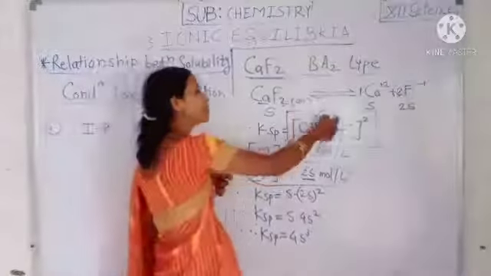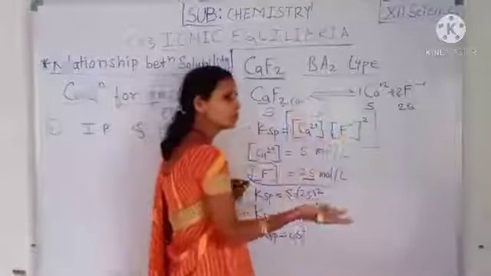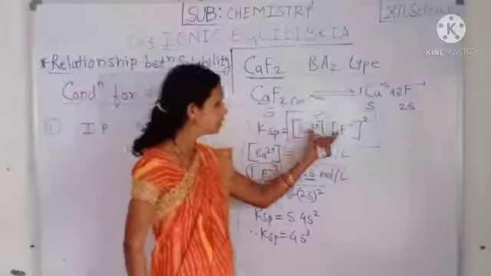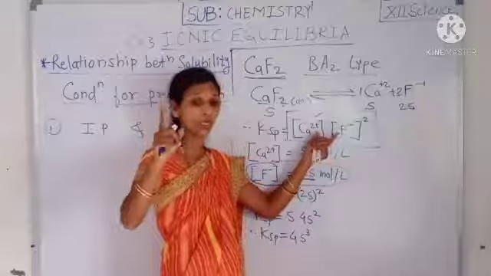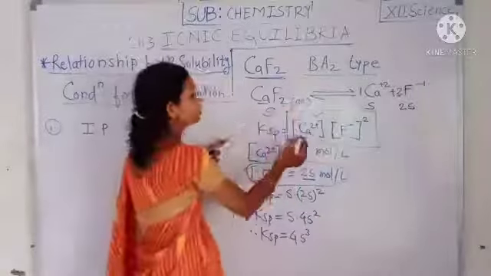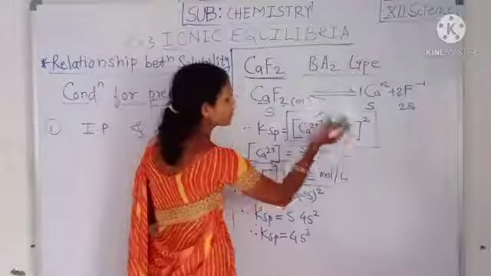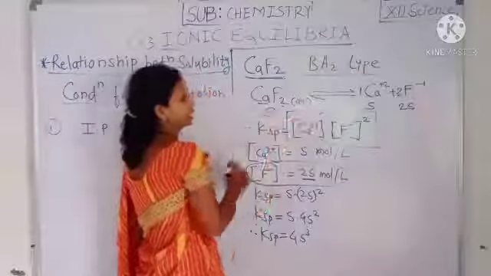But the same ionic product becomes Ksp when the concentration of these ions are considered at equilibrium.